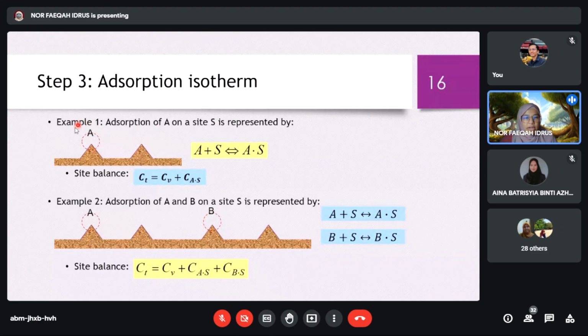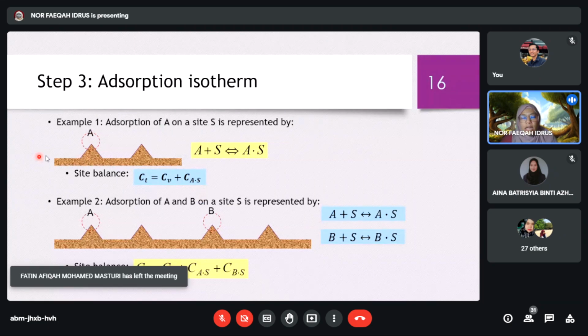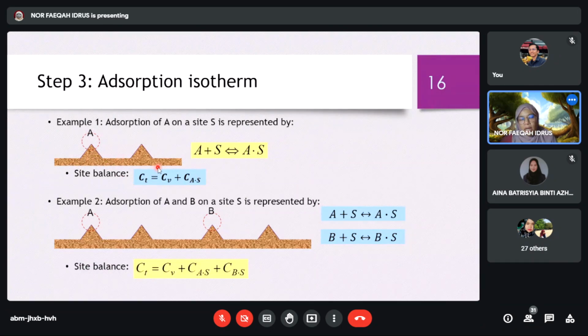Plus the concentration of the species that attach to the active site, or the concentration of adsorbed species. So this is the site balance. We only have one species that adsorbs on the active site. So this is for the first example.